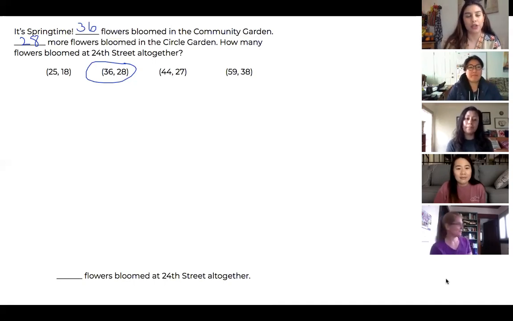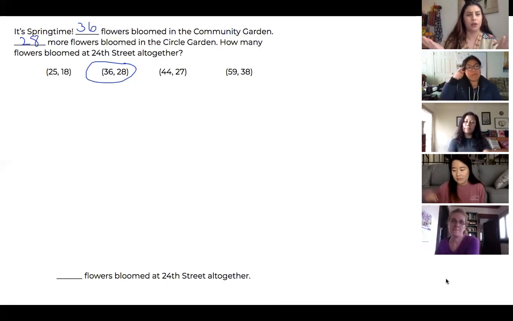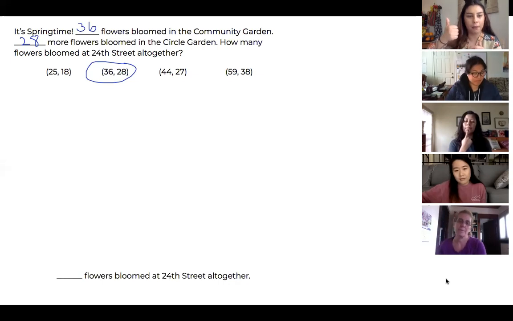So we really want to make sure that we're thinking about the numbers and what they refer to. So 36, I know I see 36 and 28, but what do they represent? So let's take a minute to think about what do these numbers mean in our story today. When you have an idea, put a thumb up so that I can see that you are ready.